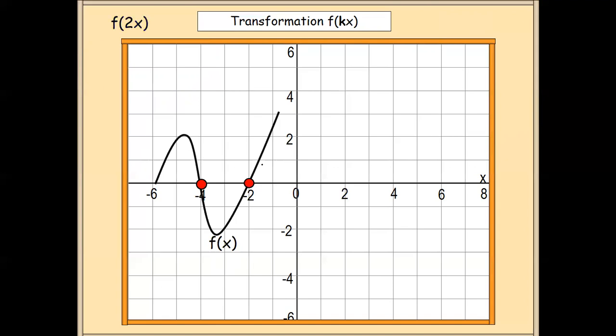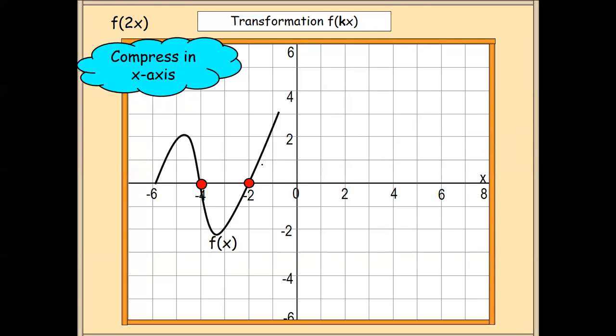Okay, so if I'm asked to do f of 2x, this time we compress in the x-axis. Okay, so when we were compressing y or expanding it, here when you go with a value bigger than 1, you will compress it.